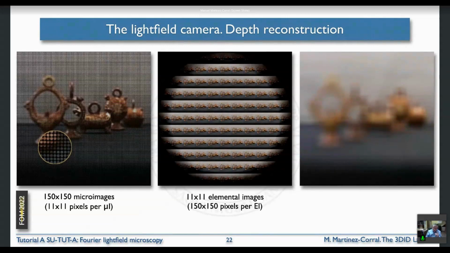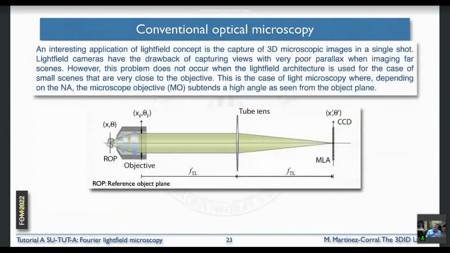But we don't have this problem in microscopy, because here we have, let's say, a single scan of an optical microscope. And what we see here is the objective, and this is a tube lens. Usually in a conventional microscope, the object plane is in the front focal plane of the objective.